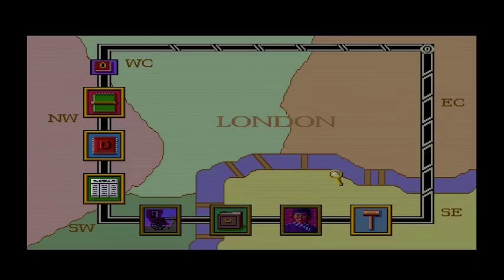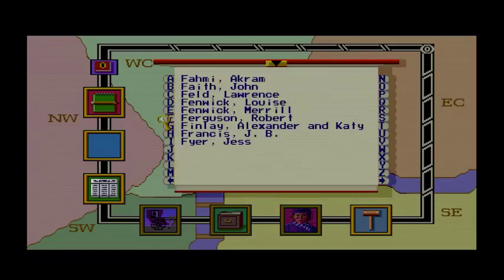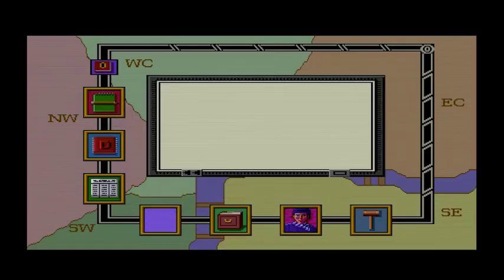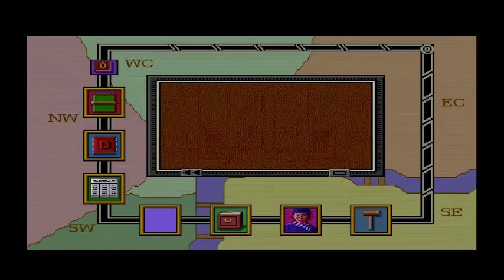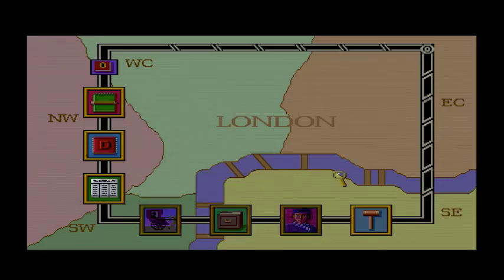Was it Louise and Merrick? This appears to have been a royal waste of time. Why is that, Holmes? There's not a soul in sight. Alright, well, let's see what we can do.